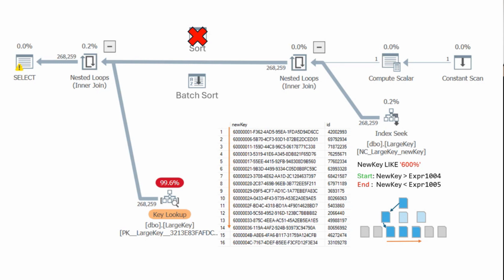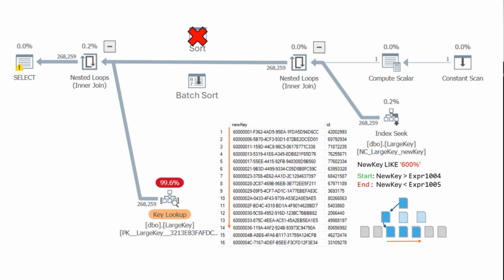So if I would like to order 200,000 rows using an explicit sort operator, I have to sort the whole set, and I could have a spill to tempdb. When I'm using batch sort, it does a best effort to order the data coming to this batch sort.